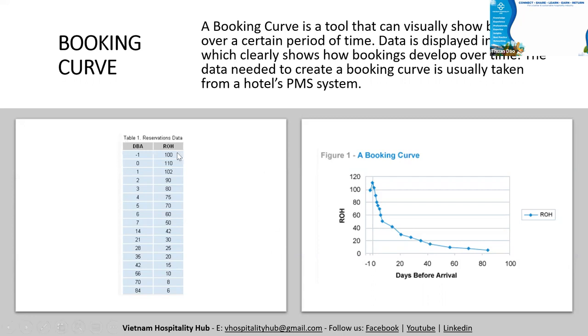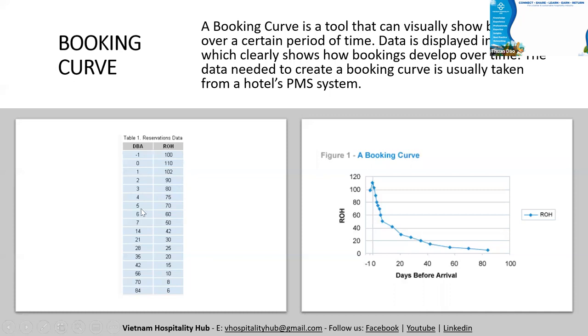This is the table over here. This is the data that you collect. Let's say this is the reservation data. DBA is days before arrival. And then ROH is reservations on hand.